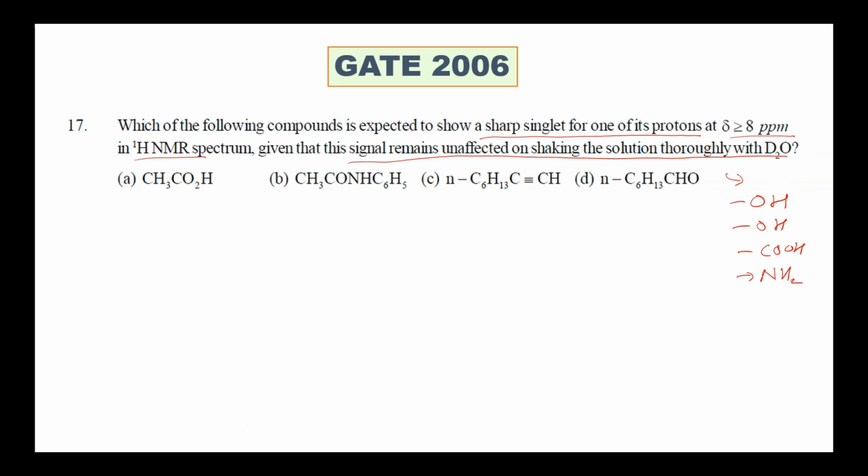So I can rule out these options. So option A is gone, option B is gone. Now it is greater than 8, so acetylenic hydrogen will not come there. So that is also wrong. Then I have aldehyde. Since we know the chemical shift values, we are able to easily solve all these problems. Let's go to the next problem.